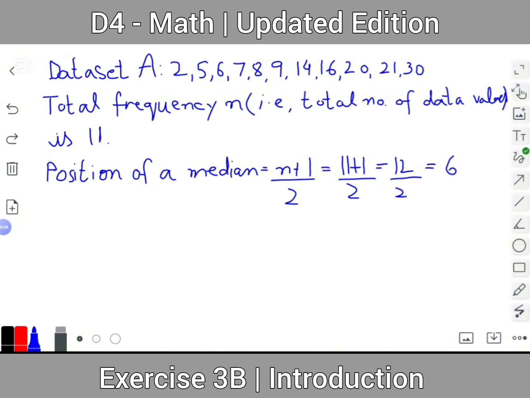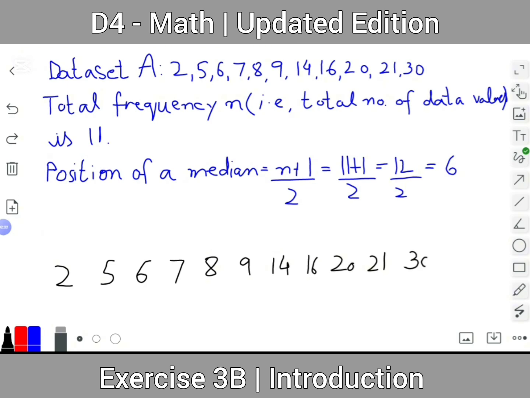Now we will again rewrite the data values: 2, 5, 6, 7, 8, 9, 14, 16, 20, 21, and 30.